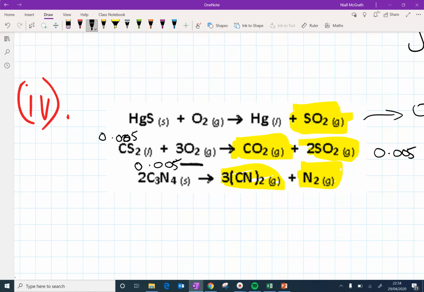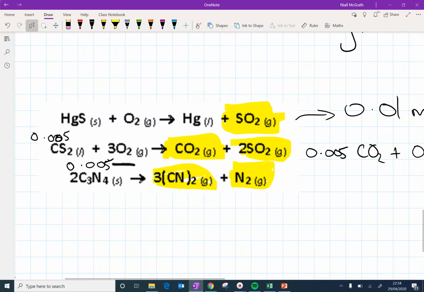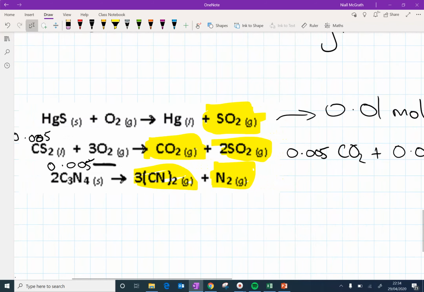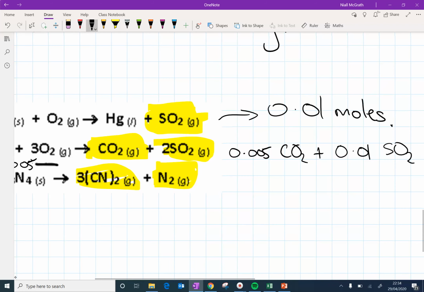For our nitrogen, we have half of the 0.005, so we have 0.0025 moles of N2, and we have then 0.0075 of our CN2.